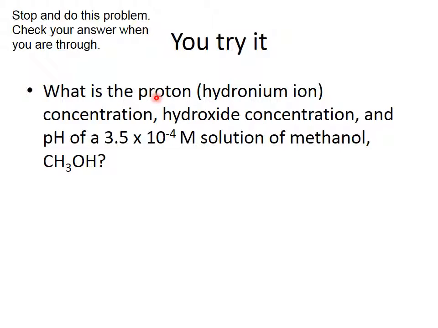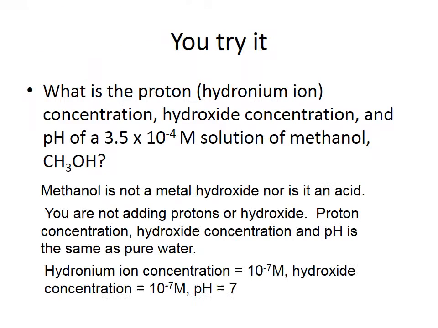So what would be the proton concentration, the hydroxide concentration, and the pH of a 3.5 times 10 to the minus 4 molar solution of methanol? Well, if I look at this compound, I see that it's a methyl with an OH. It is not a metal hydroxide. This doesn't dissociate in water. This is made of all nonmetals. It dissolves in water by hydrogen bonding, not by dissociation.